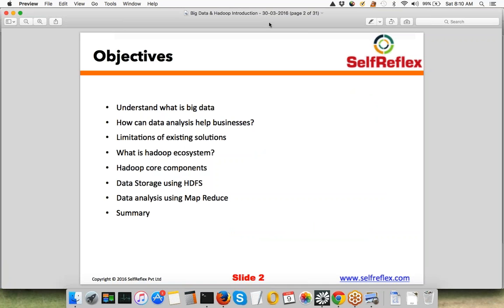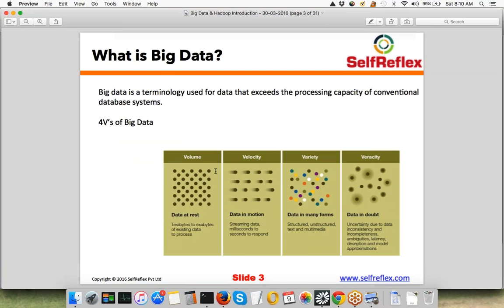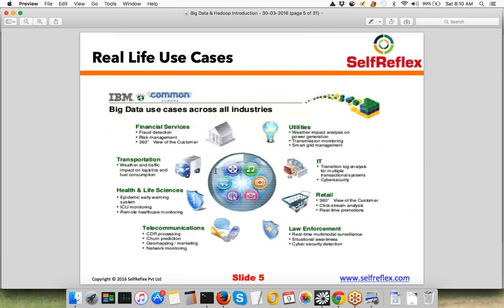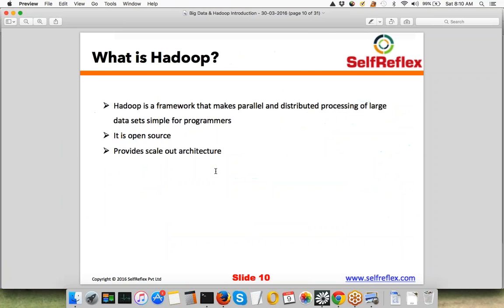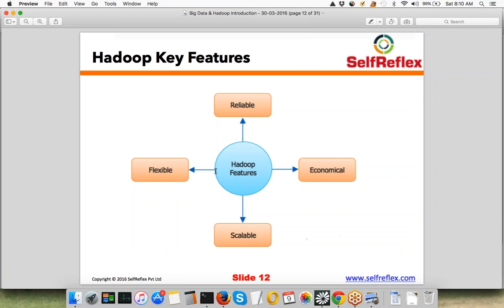We also looked at the architecture of HDFS. So today we are going to talk about data analysis using MapReduce. These are slides we had discussed in the last session, so I'm just going to jump to what we are going to discuss today.